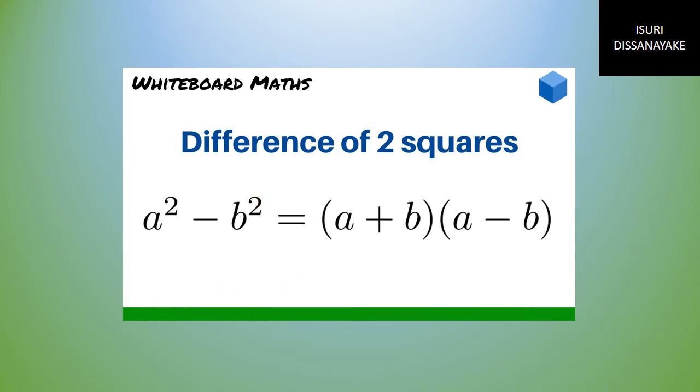Okay, let me show you some examples now. X squared minus 25. Now the difference is there. So here is the difference of two squares, because x squared is there, and you know 25 is 5 squared.